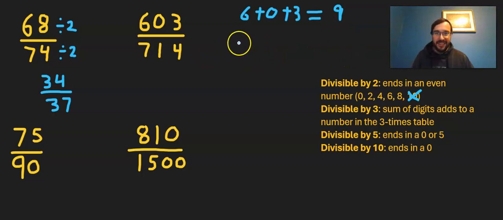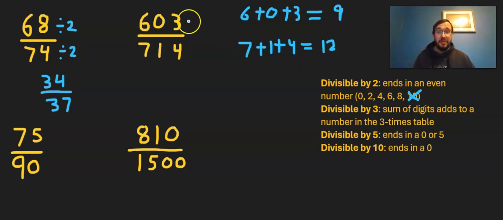Let's take a look at the other one. We have 7 plus 1 plus 4. Again, this is just a little side calculation. 7 plus 1 is 8. 8 plus 4 is 12. Both 9 and 12 are in the 3 times table, which tells us both of these numbers are divisible by 3.